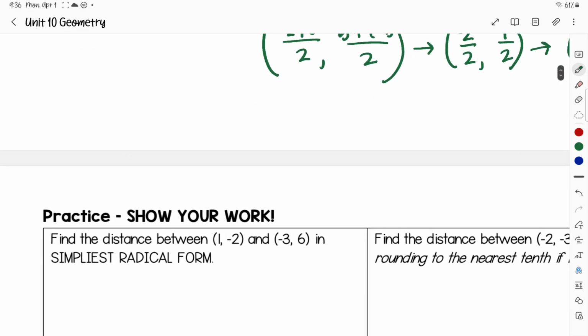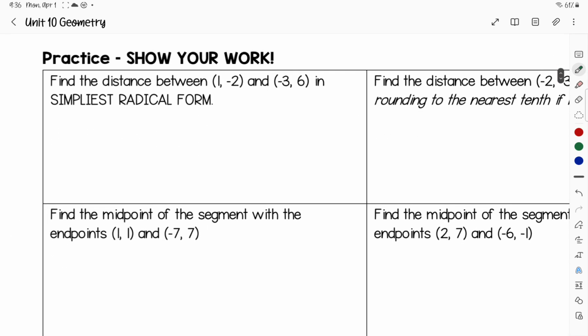All right, let's do some practice now. So it says find the distance between 1, negative 2, and negative 3, 6 in simplest radical form. So this means that it wants us to give our answer with a radical in it or a whole number, no decimals. Okay, so remember the distance formula is, first of all, we need to label these x1, y1, x2, y2. If you need to, you don't have to, obviously.